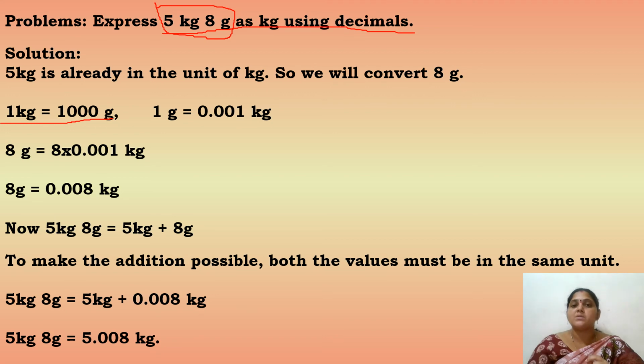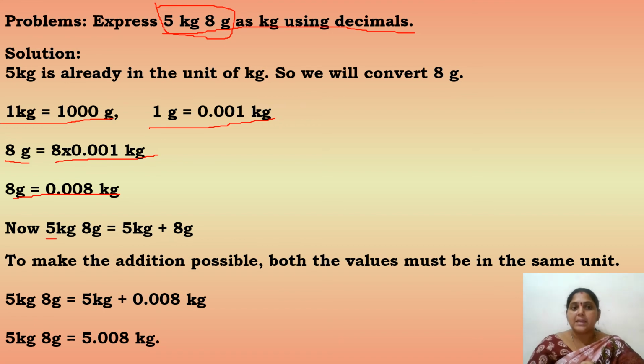So 5 into 1000 is equal to 5000, right? Now 1 kg is equal to 1000 grams. 1 gram is equal to 0.001 kgs. Now first change this 8 grams, meaning 8 should be multiplied by 0.001 kgs. 8 grams is equal to 0.008 kgs.